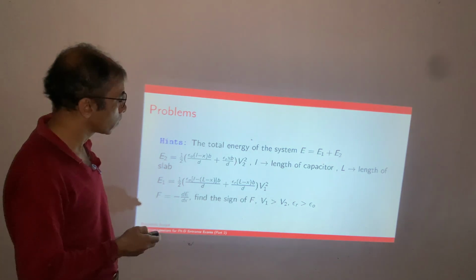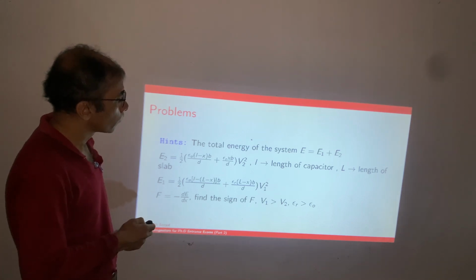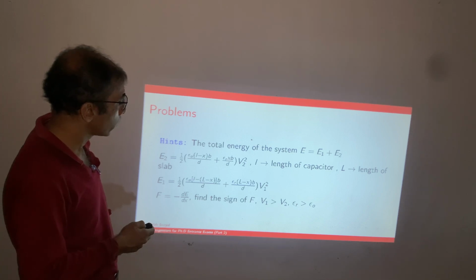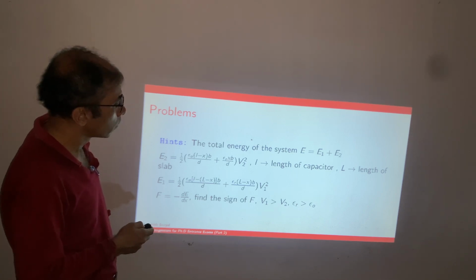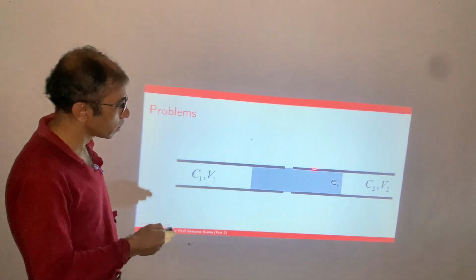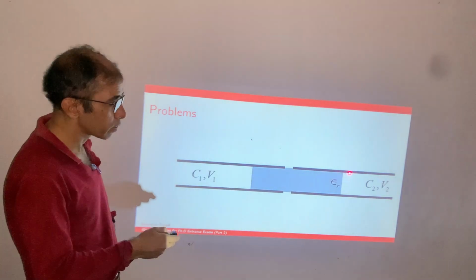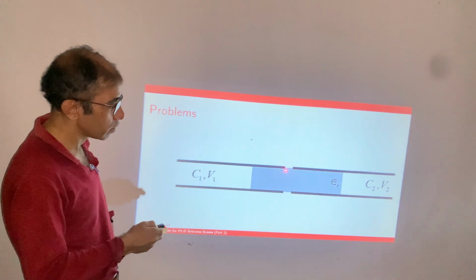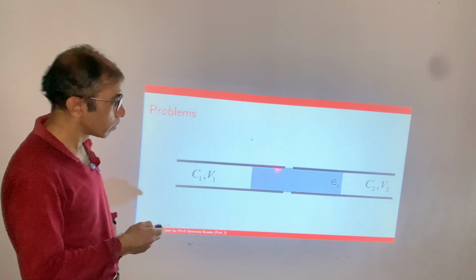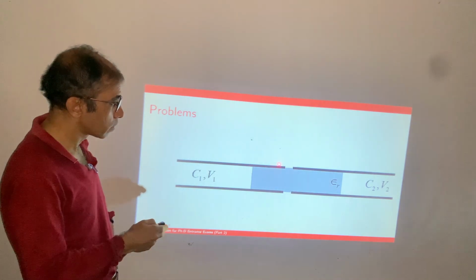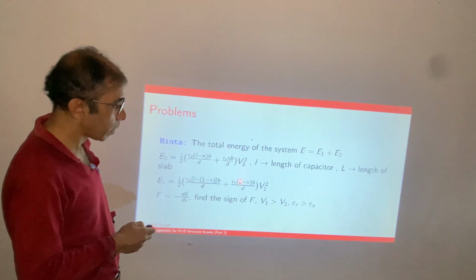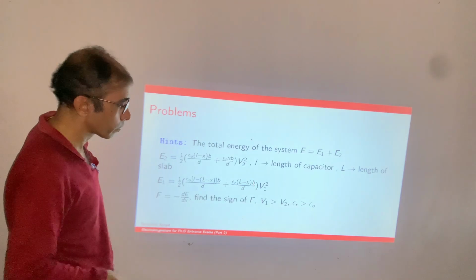Now what is the energy of system 1? If the total length is capital L, and the length of the dielectric slab inside is x, then the remaining part is capital L minus x. The capacitance of this is epsilon r epsilon naught x b by d.